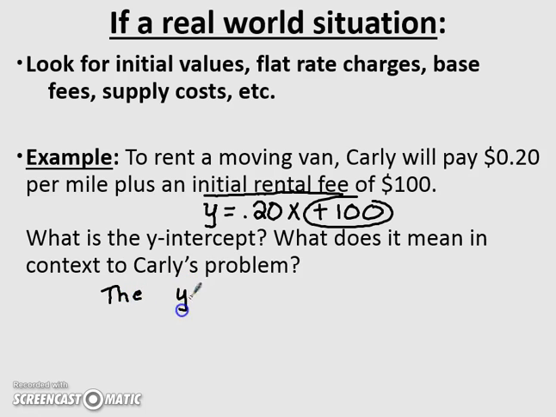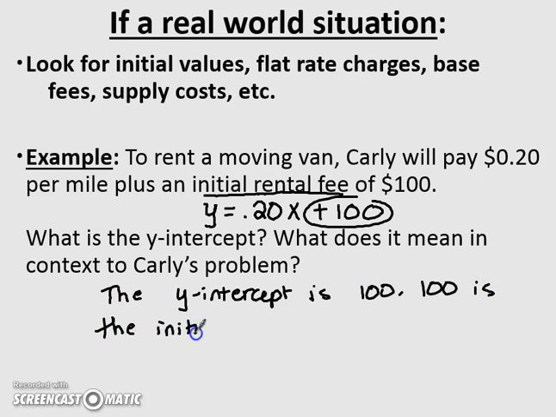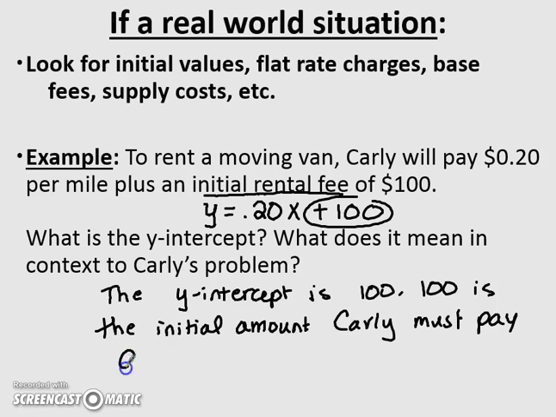So the y-intercept is 100. 100 is the initial amount Carly must pay as a rental fee.